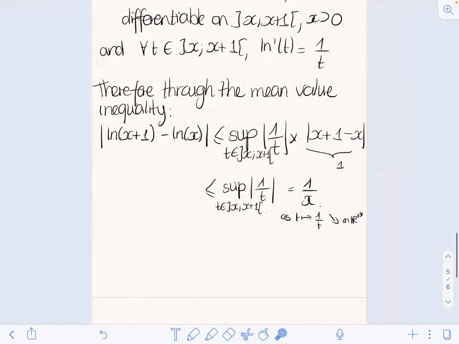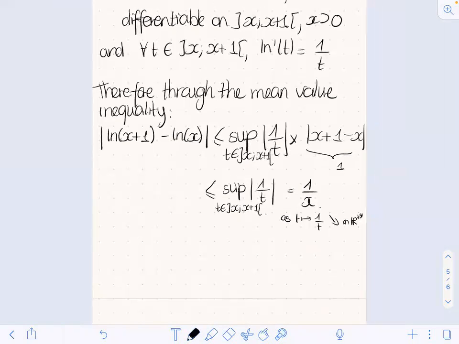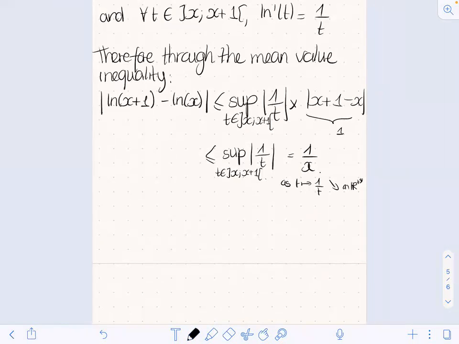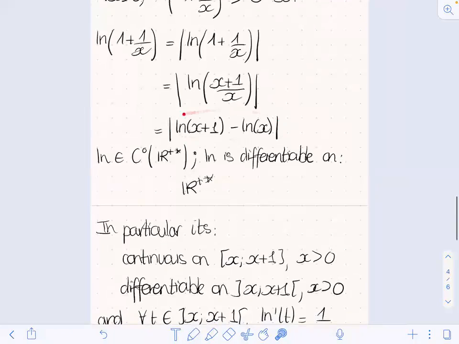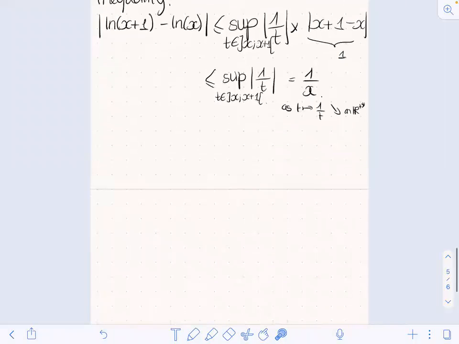And so what we can say from this is that if we look at where we started, with this term that we rewrote as this, we've got an upper bound for that term here.